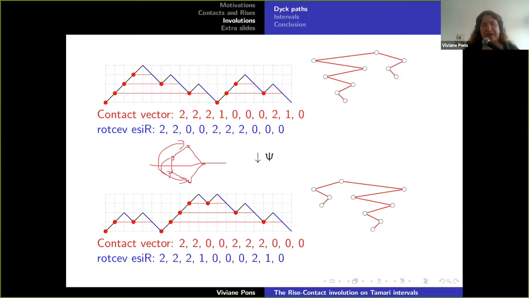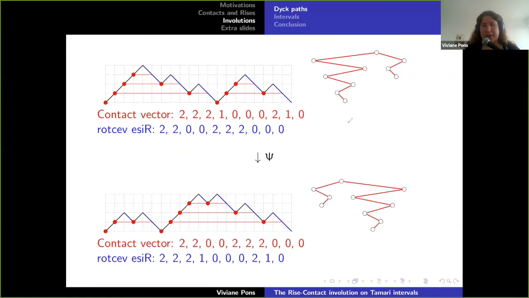It sends the down element to the up element and so on for all the elements. So it's a very natural one to do when you're considering the Tamari order. It has this very cool property for us that it's actually switching the contact vector and the right rises vector. Here you see that the blue line and the red line have been switched by the psi involution.